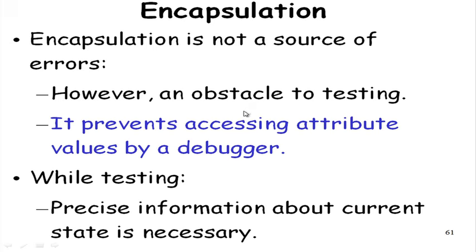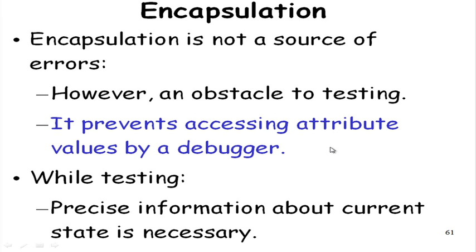Because due to encapsulation, we cannot directly access the private variables of a class, and therefore, a debugger would find it difficult to get the values of private variables of classes, because there are no methods which will report them, and for accessing these private variables you need to go through methods, you cannot access them directly, and therefore, it becomes complicated.